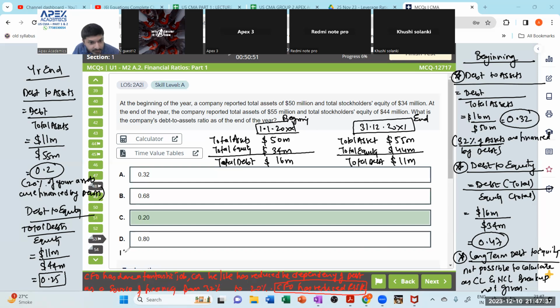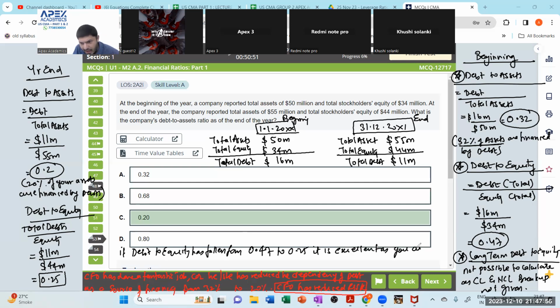So, if debt to equity has fallen from 0.47 to 0.25, it is not good, it is excellent.